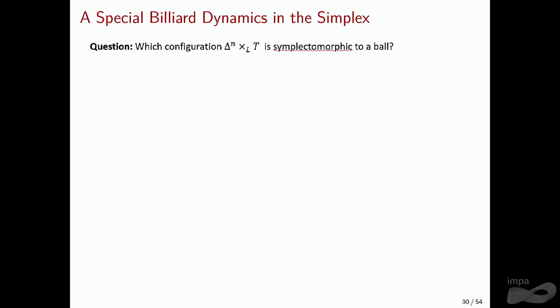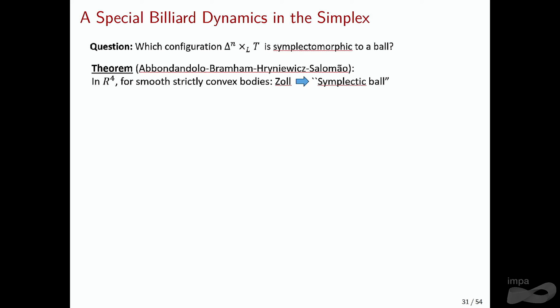One possible way to approach this question is to use a beautiful result by Alberto, Barney, Umberto, and Pedro. But note that for this result, you need a convex domain which is smooth. So the assumptions are smoothness and strict convexity.